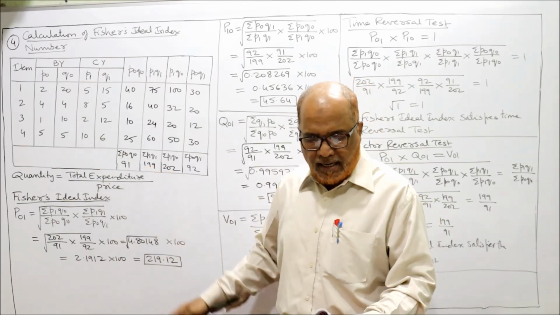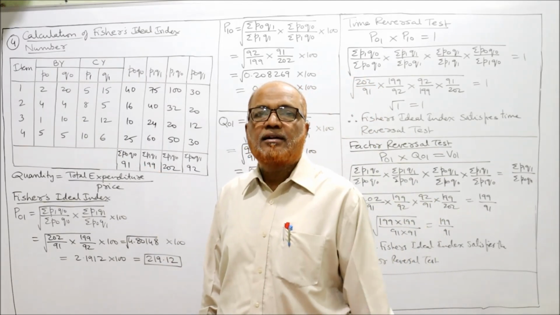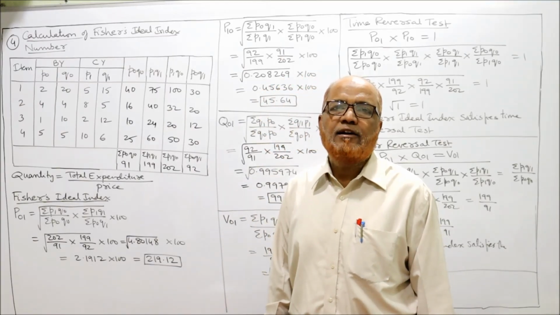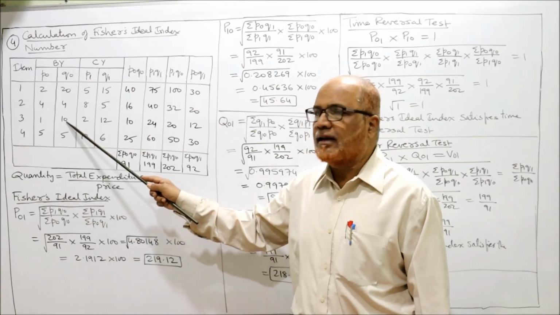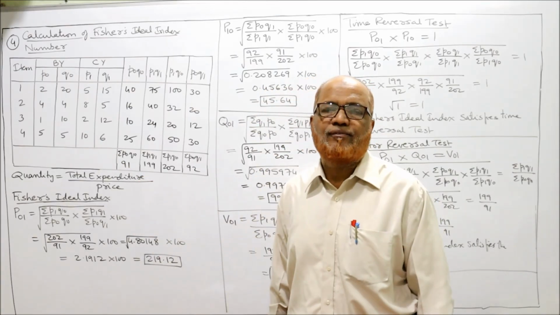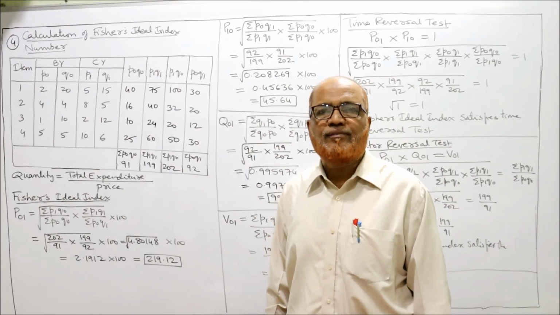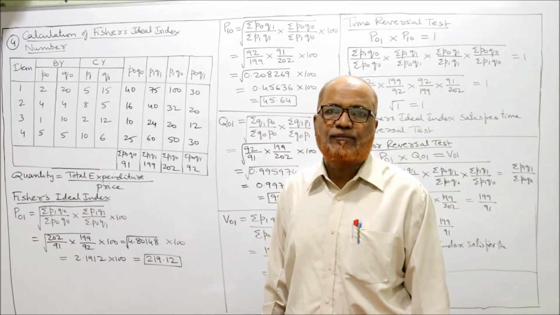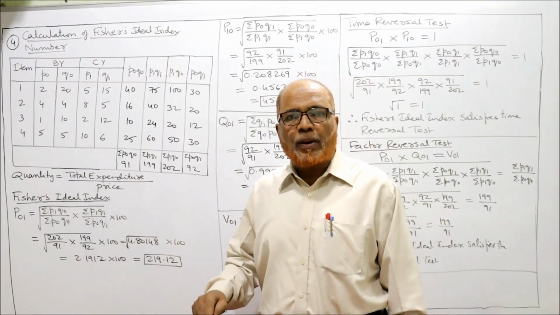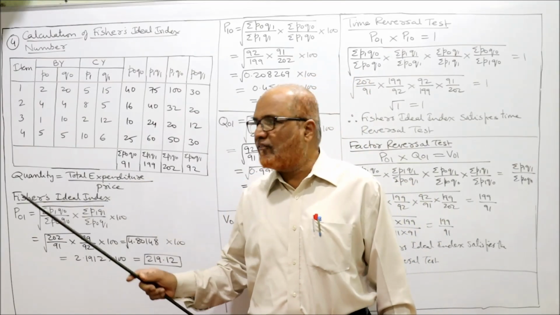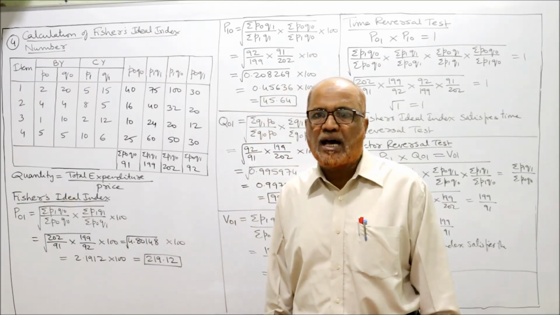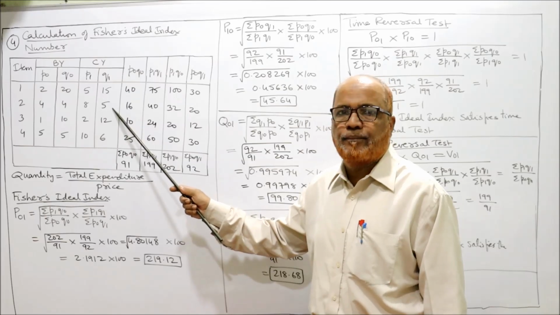Next, third item, 10 is the total expenditure and the price is 1. 10 divided by 1, 10. Fourth item, expenditure is 25, price is 5. So 25 divided by 5, 5 is the quantity. In this way, since quantities are not given in the problem, we have applied this formula to find the quantity of base year as well as current year.